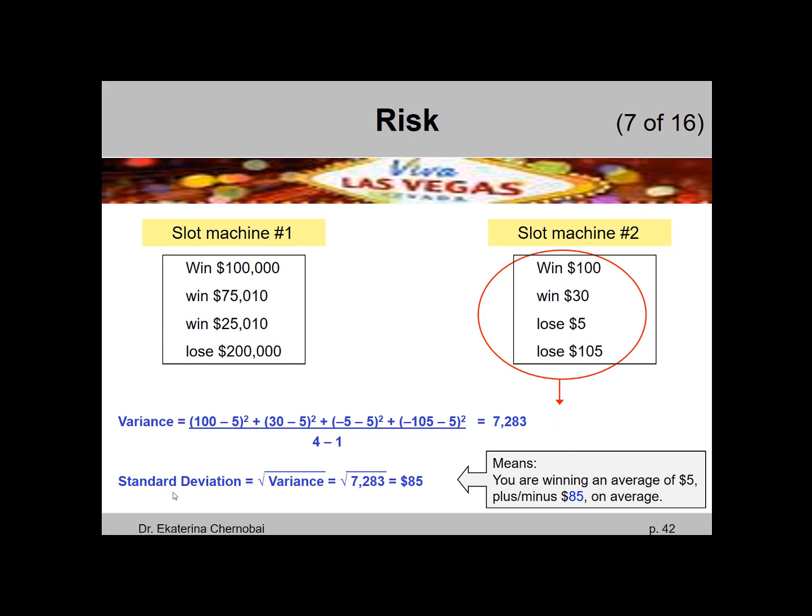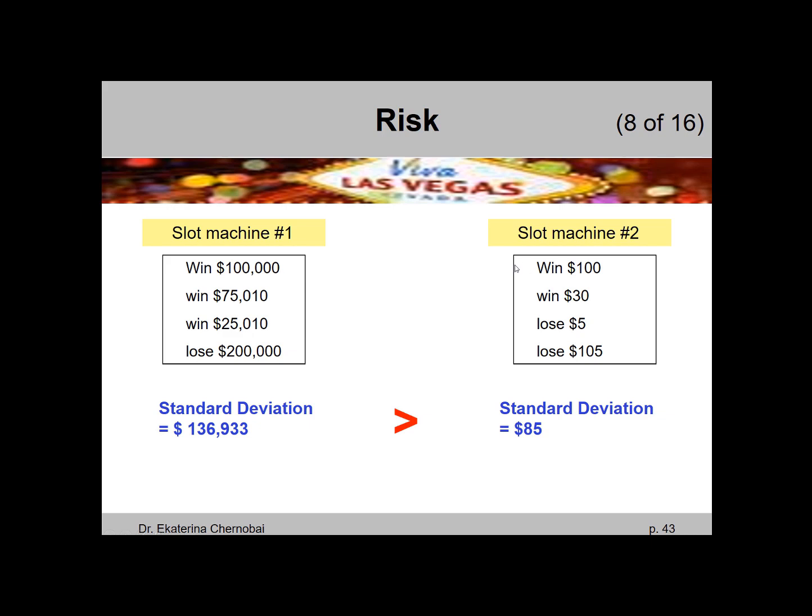This is how the standard deviation actually calculates the amount of risk. And so now we can compare the two machines in a scientific way. We calculated the standard deviations. Which one is higher? Slot machine number 1. That's the riskier machine. This is how we compare risk.